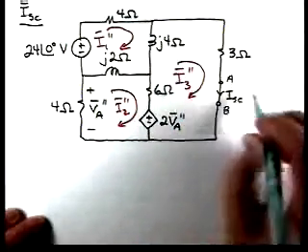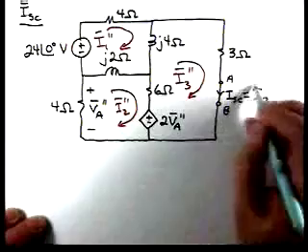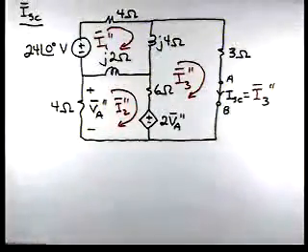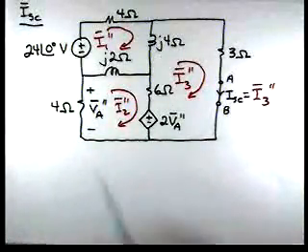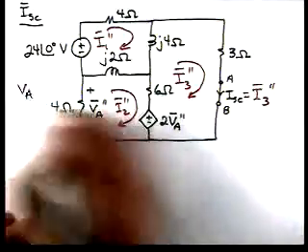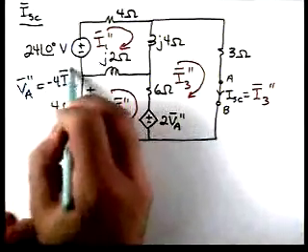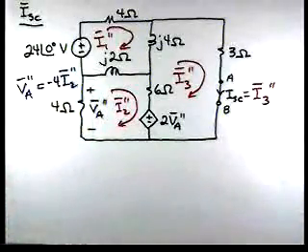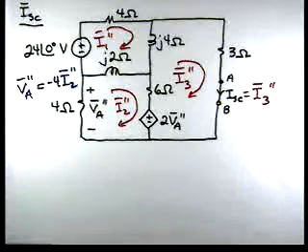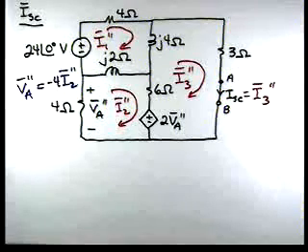And if we notice, I short circuit will be I3 double prime. And again, for our controlling variable, VA double prime is going to be minus 4 I2 double prime. So now we've got 3 unknowns, I1 double prime, I2 double prime, and I3 double prime. As a result, we're going to need 3 equations.